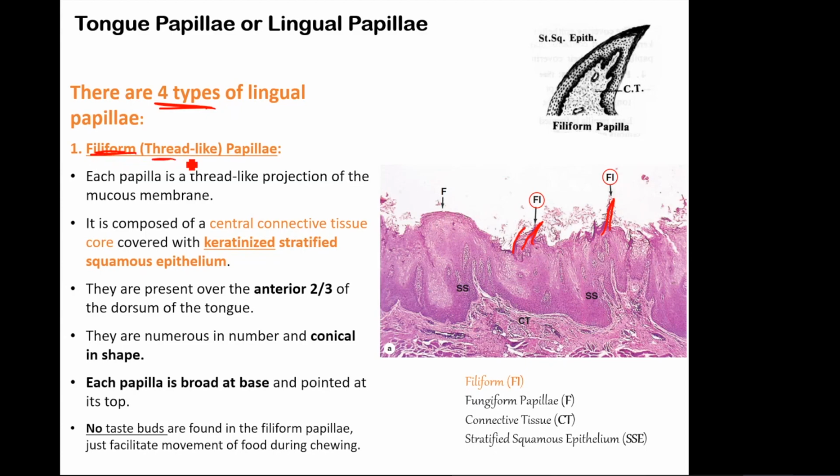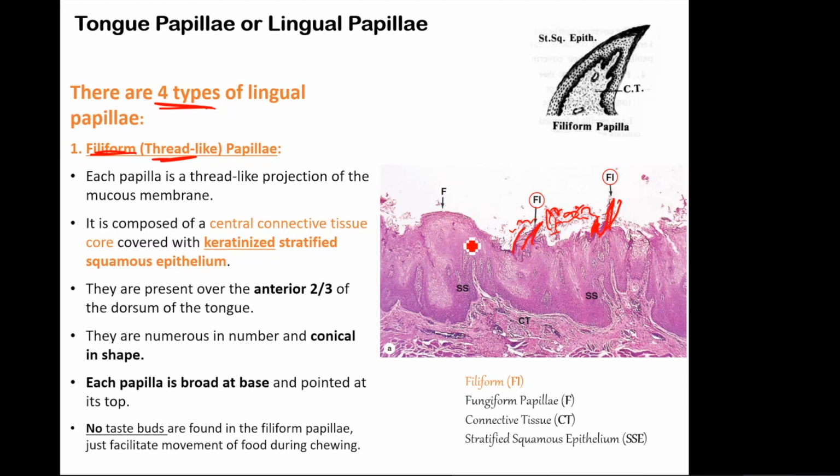Filiform means a thread-like shape. So look at the keratin that covers them. They are keratinized stratified squamous epithelium, as you see. They are conical in shape and like a thread, as I mentioned.